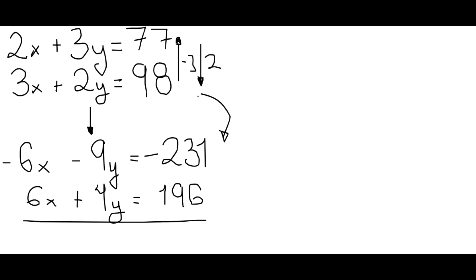So we do 3, this is the 3, and the 2, this is the 2, but this is positive because we already have the negative right here. And it gives us the result like this: minus 6, minus 9, and minus 231. And now in the second equation: 6, 4, and 196.